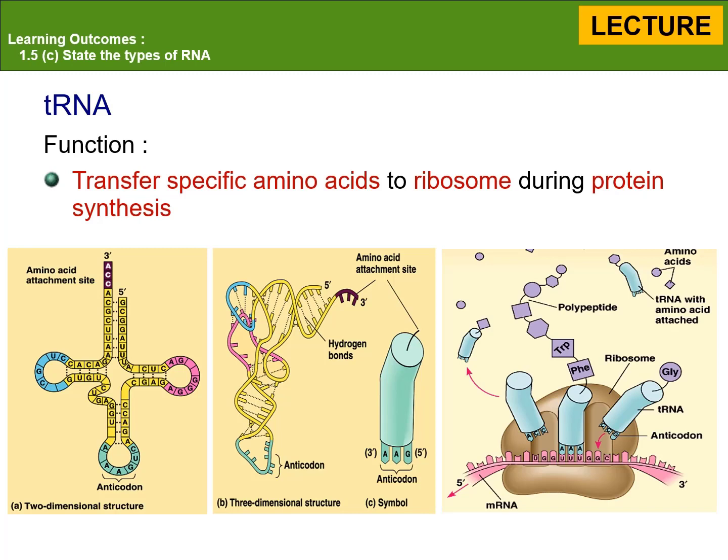The function of tRNA is to transfer specific amino acids to the ribosome during protein synthesis. This is a diagram of tRNA, and the amino acid will attach to the attachment site on the tRNA, and the tRNA will transfer the amino acid to the ribosome during protein synthesis.